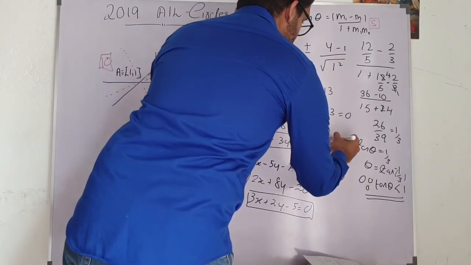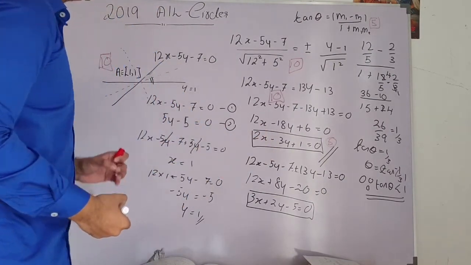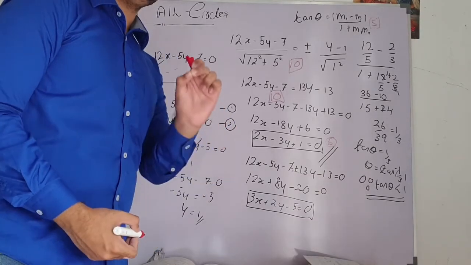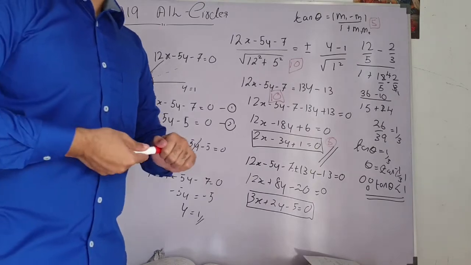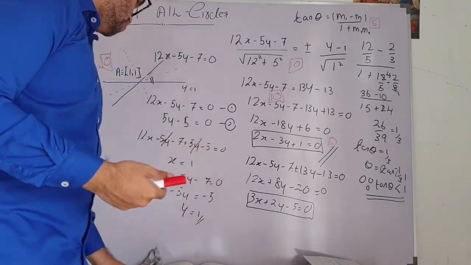So you should write the equation once again and say that 2x minus 3y plus 1 equals 0, where tan theta is less than 1, will be the acute angle bisector. Make sure you write the statements in order to get the correct marks. You can write the way I said.